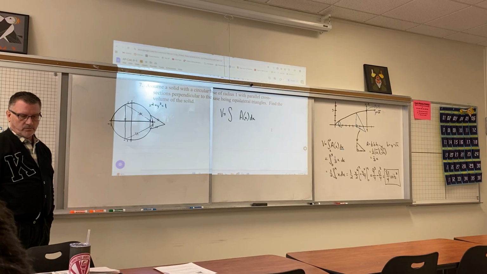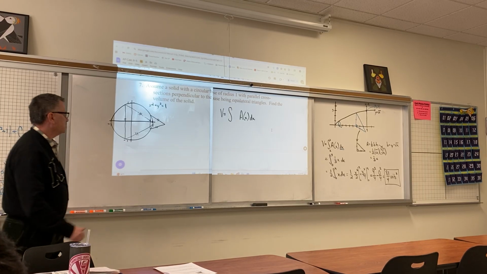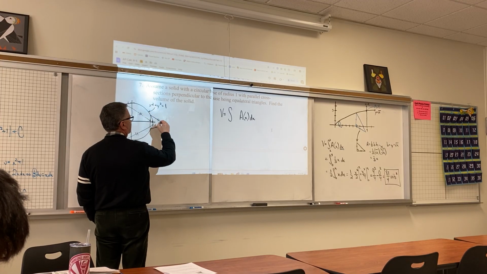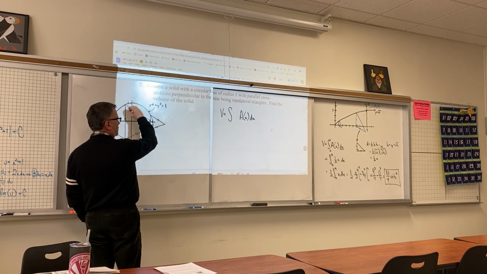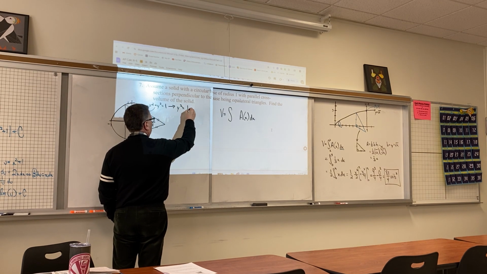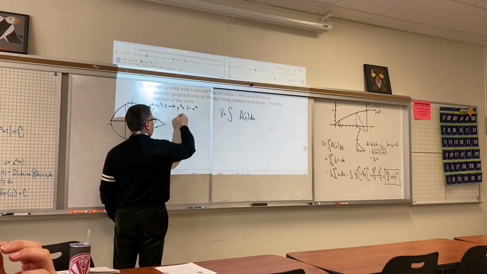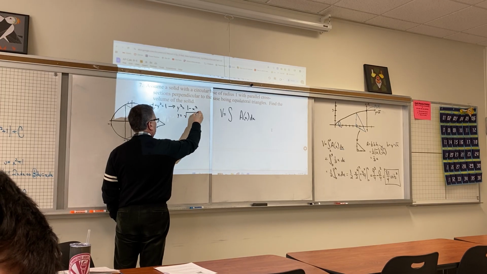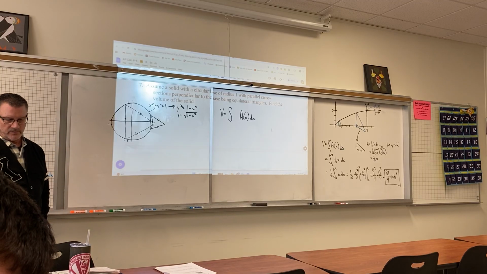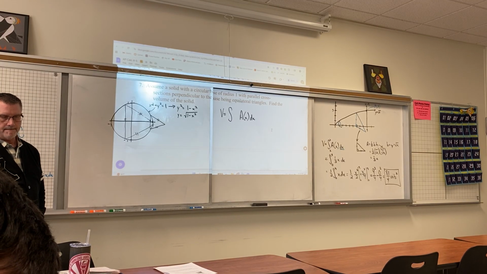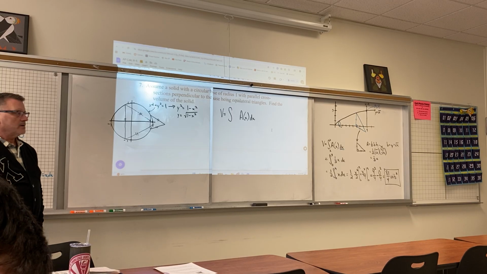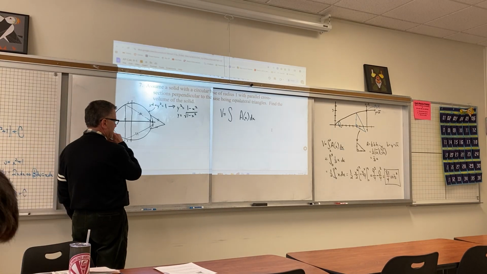So I probably want to figure out the equation: y squared equals 1 minus x squared. y is the square root of 1 minus x squared. And there it is in terms of x if we're going to go across the x-axis.